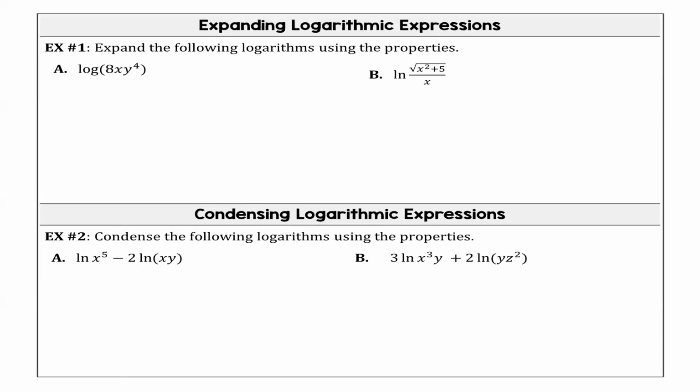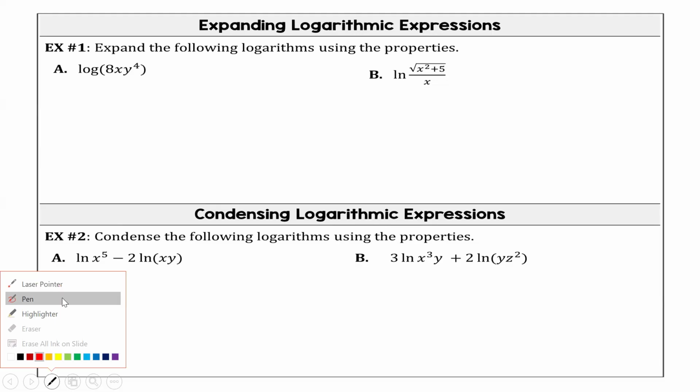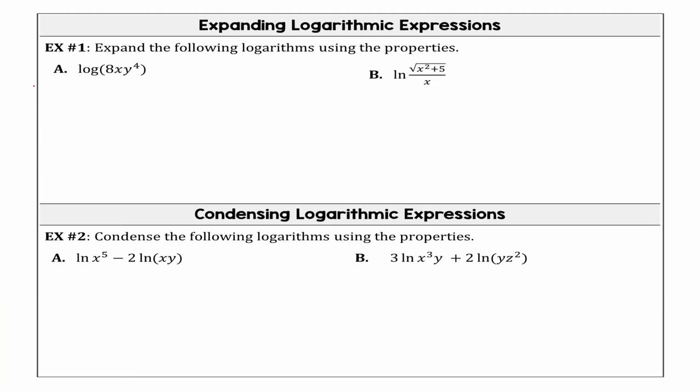So let's apply some of these logs. Here it says to expand. If we're expanding, that means we're trying to create as many individual log terms as possible, okay? So if I wanted to expand, I have here log of 8xy to the fourth. When I expand this, I'm going to be using which property? I'm going to use the product property.